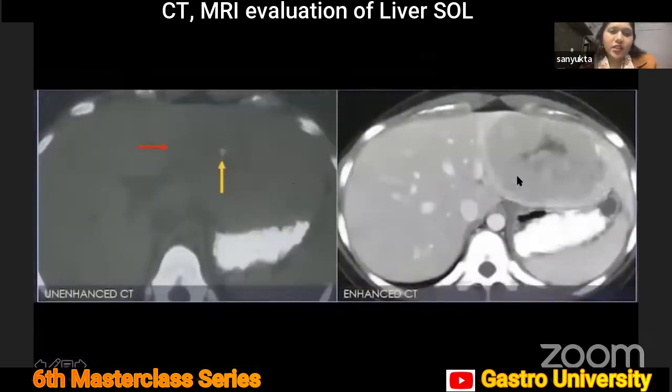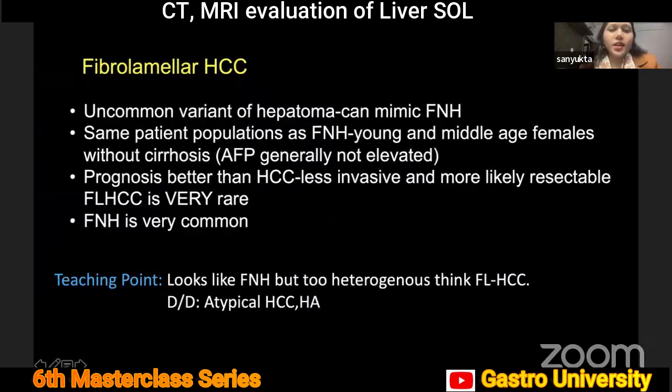If we see the CT, we could see the calcifications. And even on the triple phase CTs, the lesion loses the contrast. So this was FLC, a variant of HCC, an uncommon variant of hepatoma, that can mimic FNH.